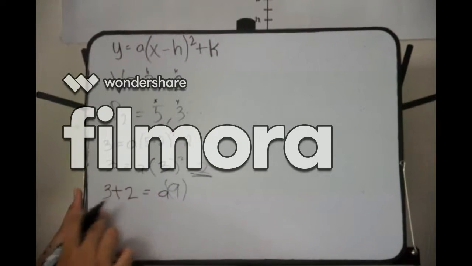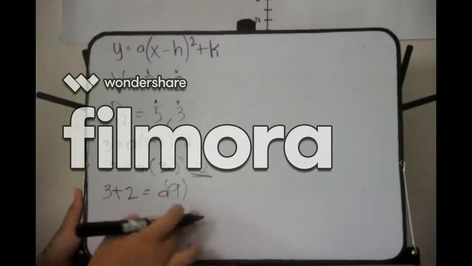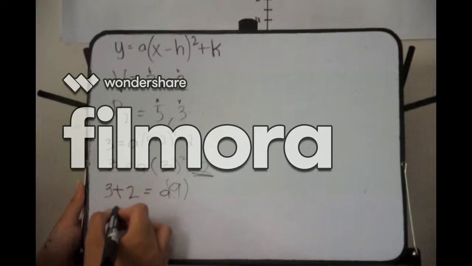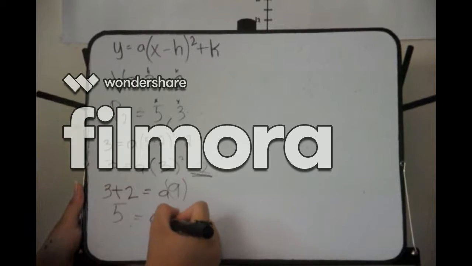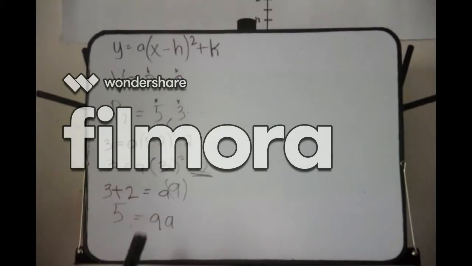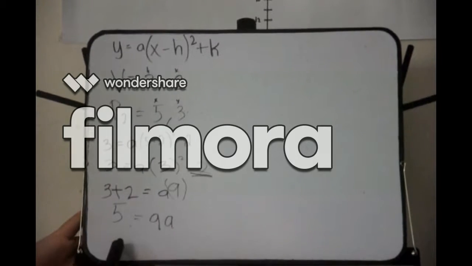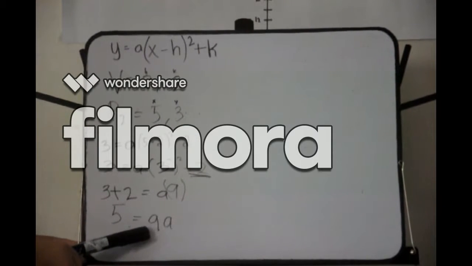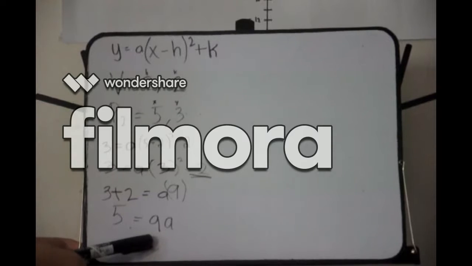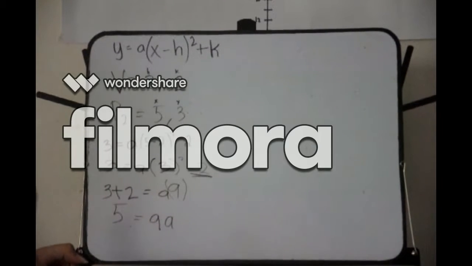So now we solve this and this. 3 plus 2 is 5 equals 9a. To find a, since there's a 9 there as the base, we divide each side by 9.